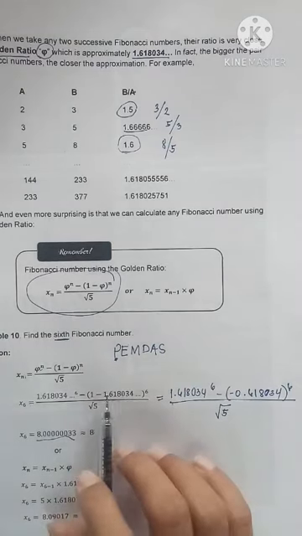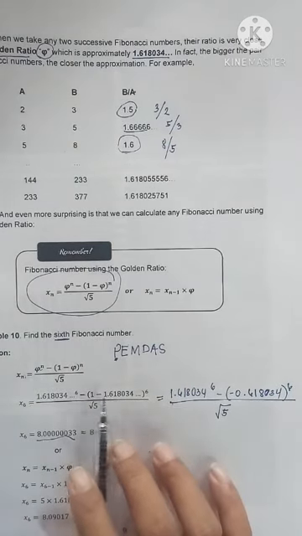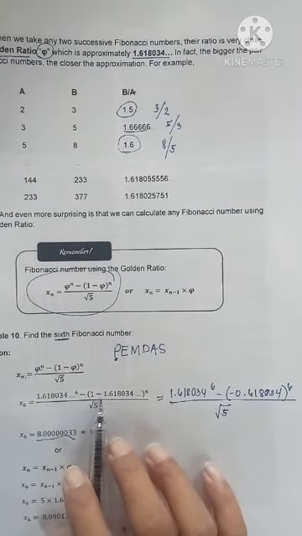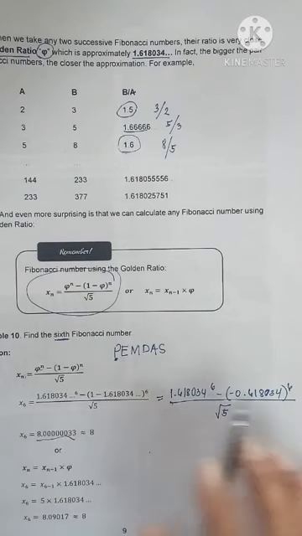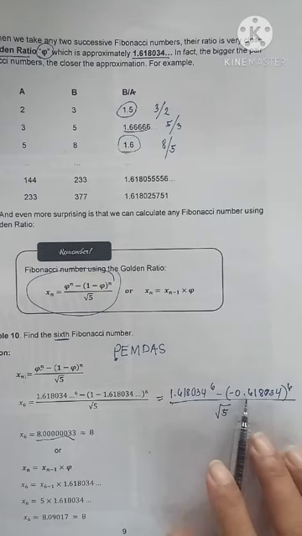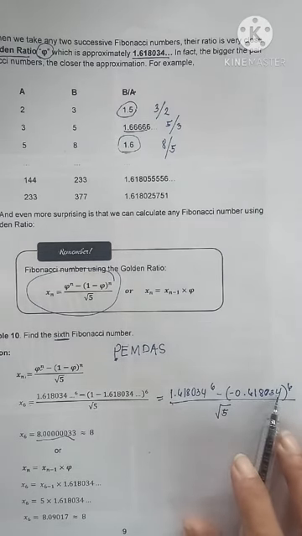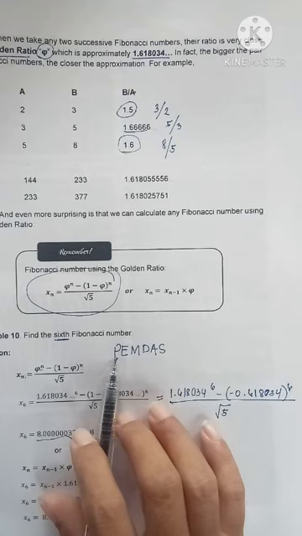Again, we get this from the answer of 1 minus 1.618034, which is negative 0.618034. We're done with the parentheses.